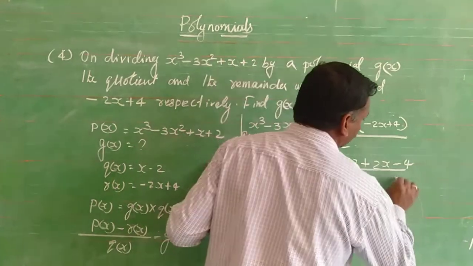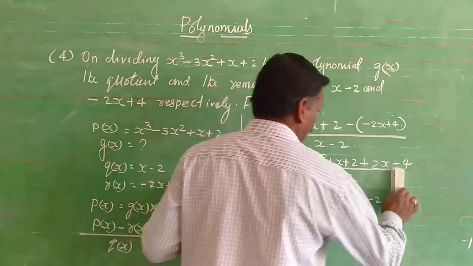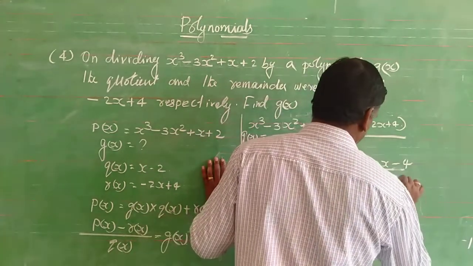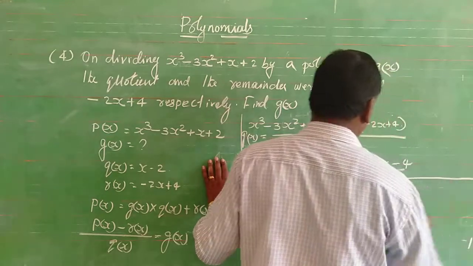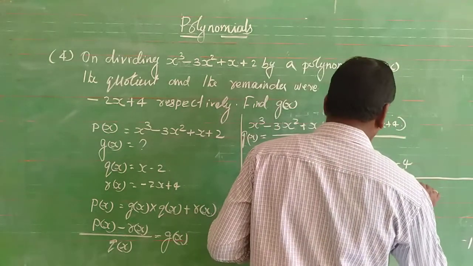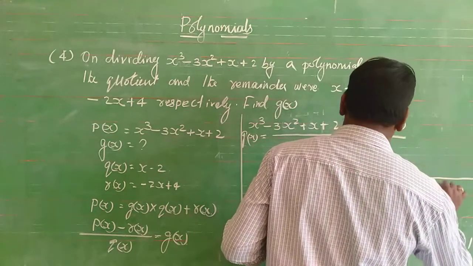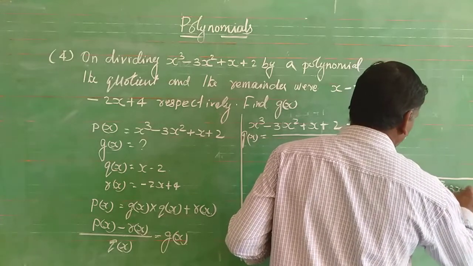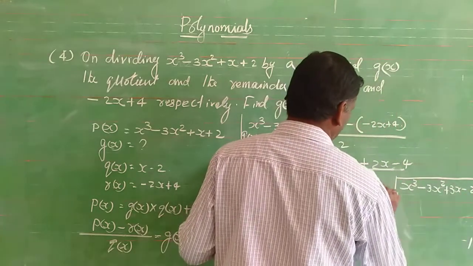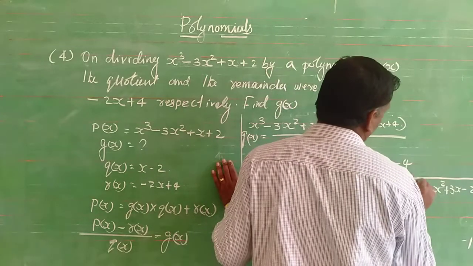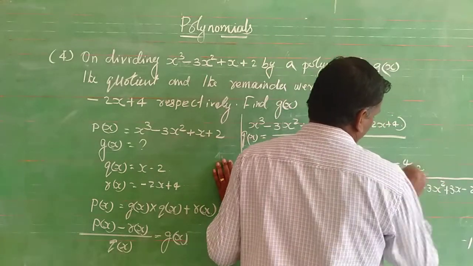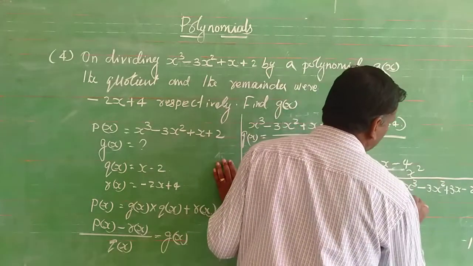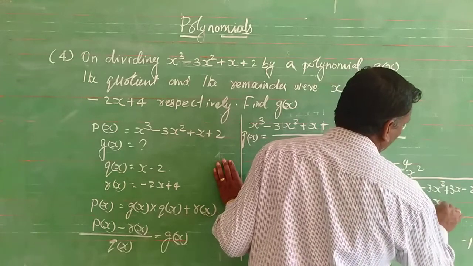We are dividing x cube minus 3x square plus 3x minus 2 by x minus 2. x cube divided by x gives x square; x square into x minus 2 is x cube minus 2x square.